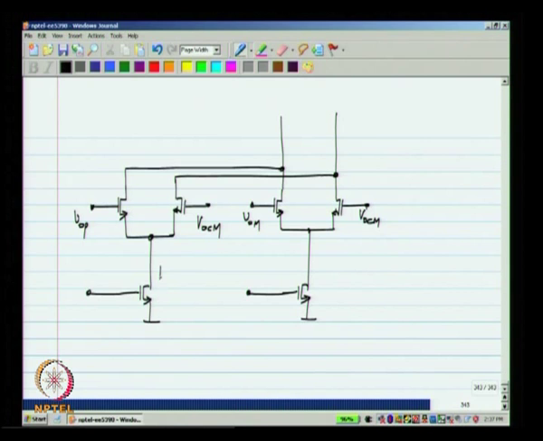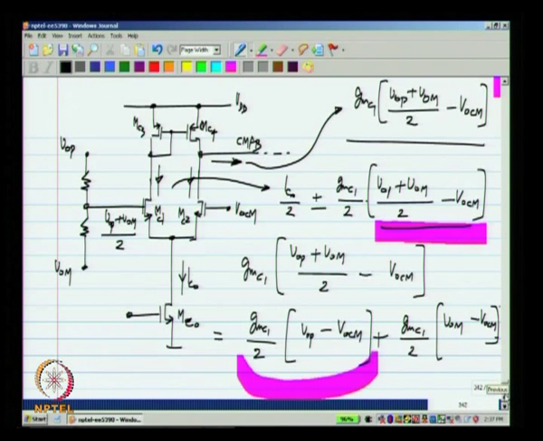Let us say I have IC0 by 2 flowing here, IC0 by 2 flowing there, and then these transistors, let us say each of these transistors is half the size of the MC1 used in the previous circuit.